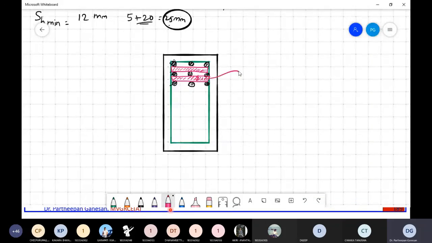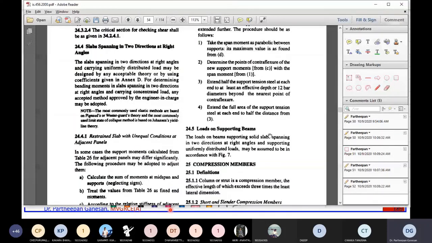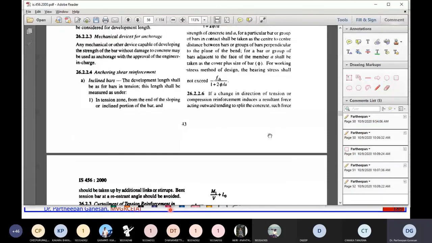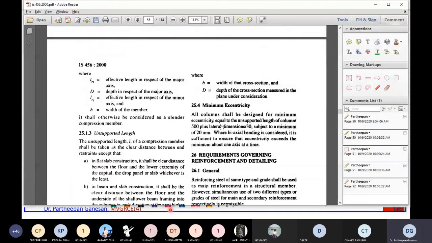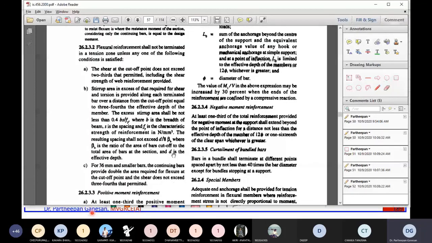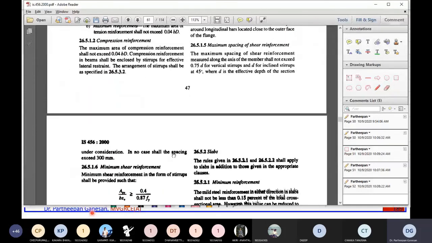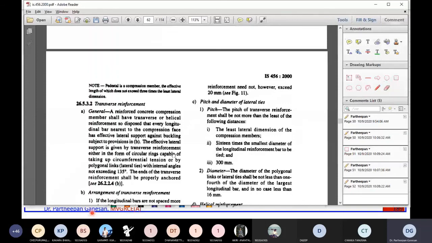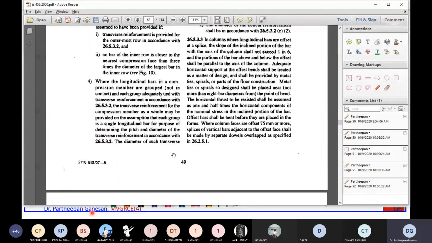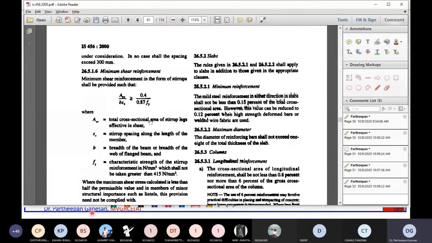The diameter of this spacer bar is given in the code. If you see here, this is the maximum compression reinforcement, side-face reinforcement, spacing of shear reinforcement, minimum reinforcement.